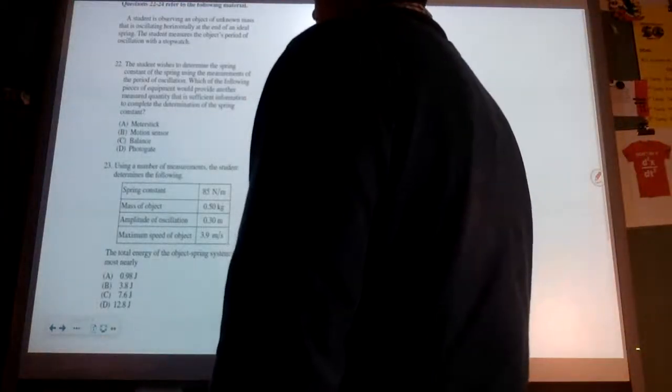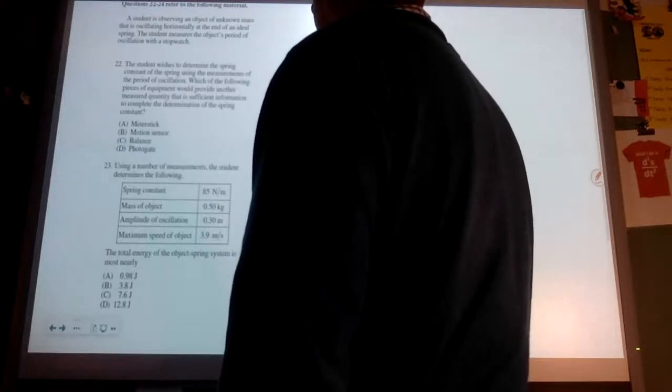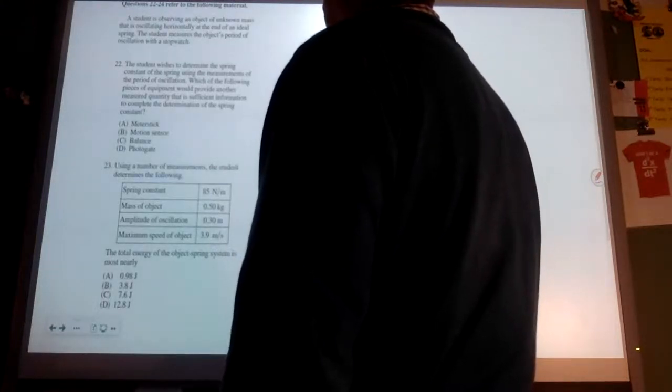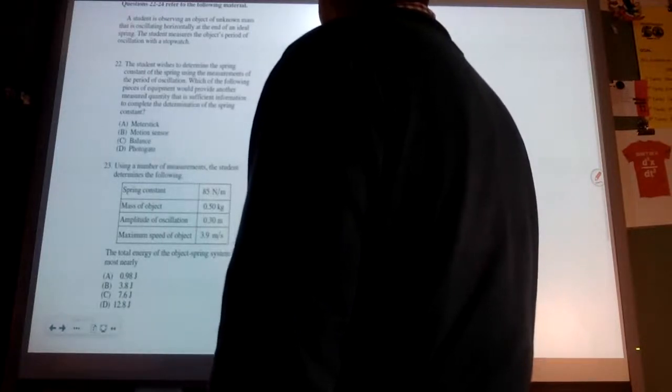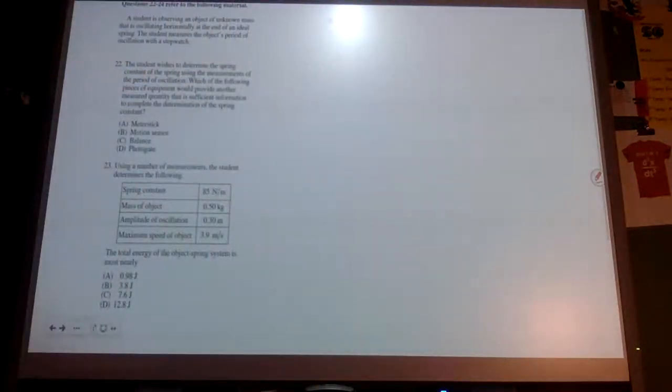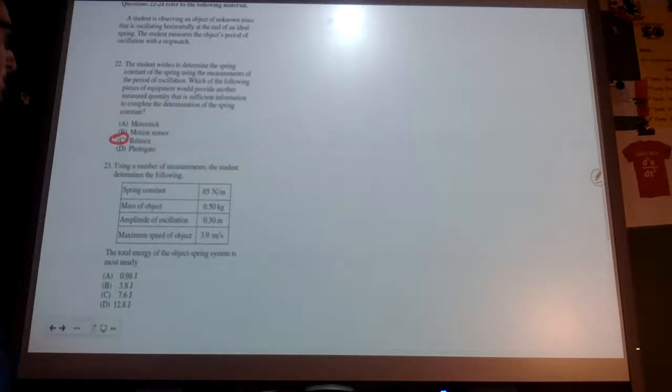So if we're using the period, we would need to use a balance too because we would need to get the mass. But again, we don't know that equation yet.